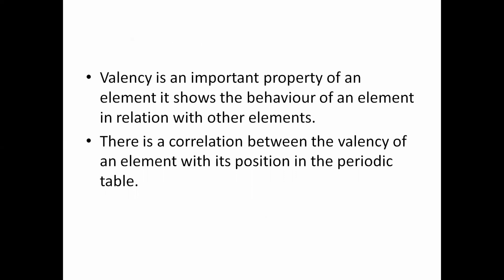Valency is an important property of an element. It shows the behavior of an element in relation with other elements. Second point, there is a correlation between the valency of an element and its position in the periodic table.